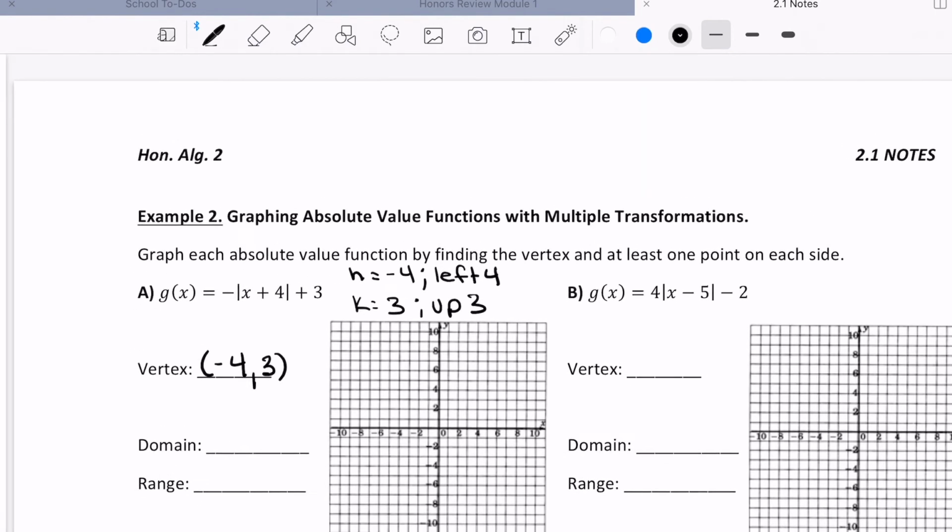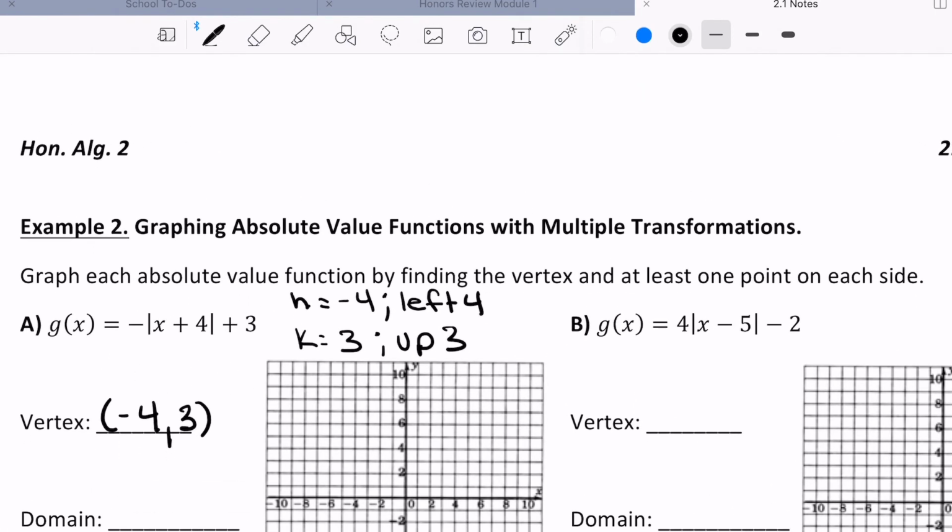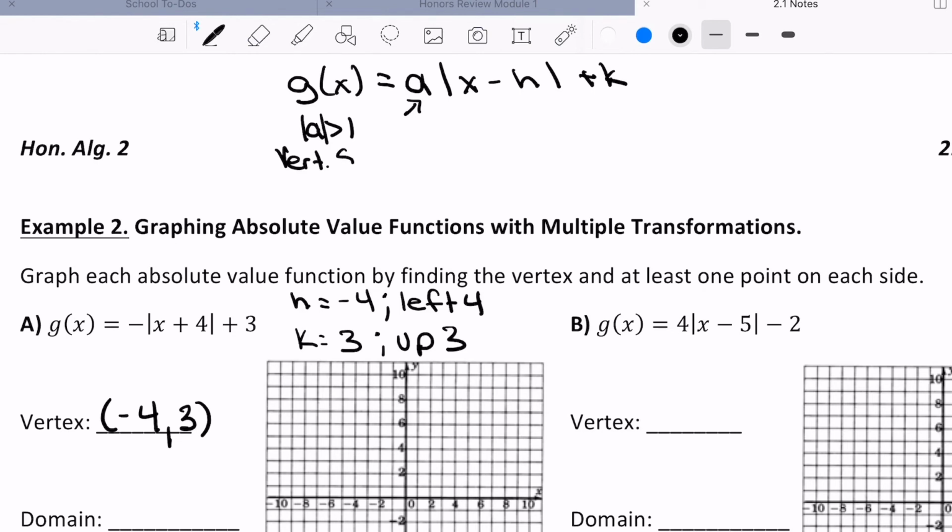So let's talk about this formula, the general transformation formula: A times the absolute value of x minus h, plus k. If the absolute value of A is greater than 1, then it is a vertical stretch, meaning it's going to make your graph more narrow.